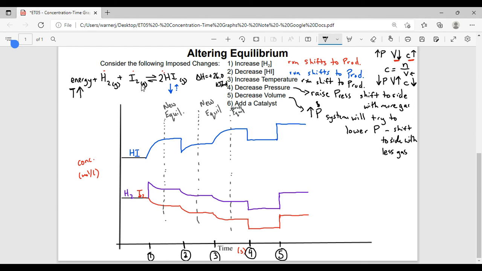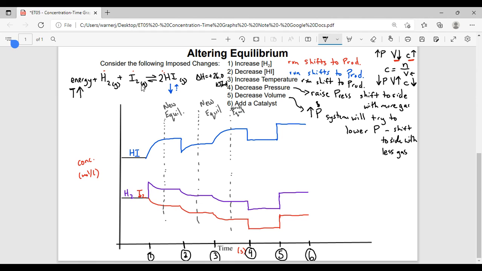The last scenario we had was adding a catalyst. Remember that adding a catalyst causes the rate of reaction to increase. All adding a catalyst will do is change how quickly we reach equilibrium. If we are already at equilibrium, adding a catalyst doesn't do anything for us. Since we're already at an equilibrium, the concentrations are staying constant over time, and forward and reverse reactions are happening at the same rate. Adding a catalyst is going to influence those the same way.